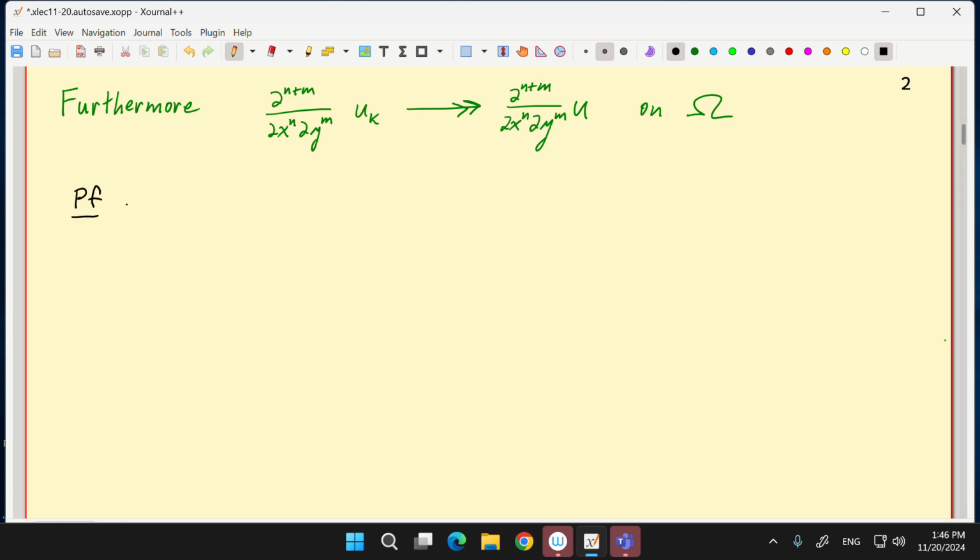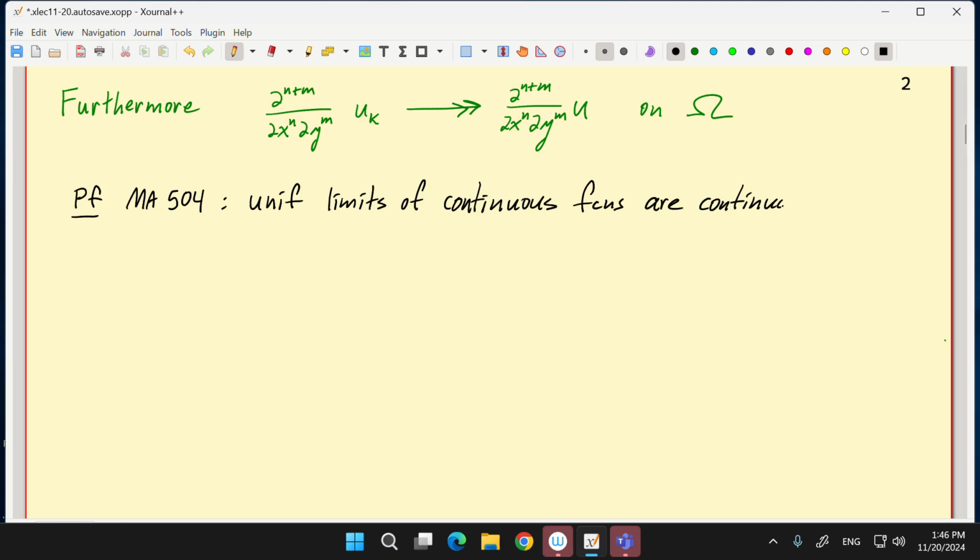In Math 504, we know that uniform limits of continuous functions are continuous. So u is continuous on omega.